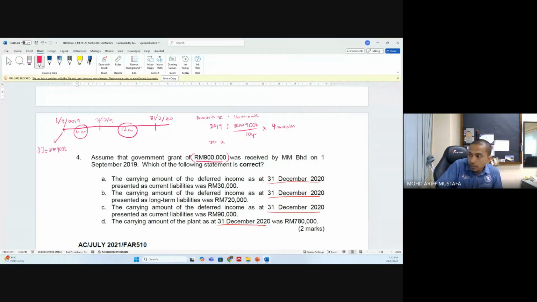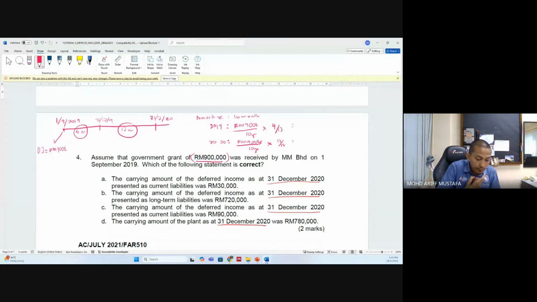In 2020, again, it is 900,000 divided by 10 years, but now we times with 12 over 12. This one is 4 over 12. This one is 12 over 12, or 1 year.